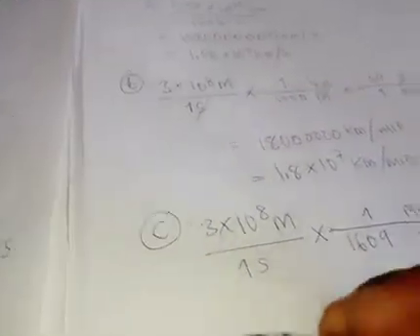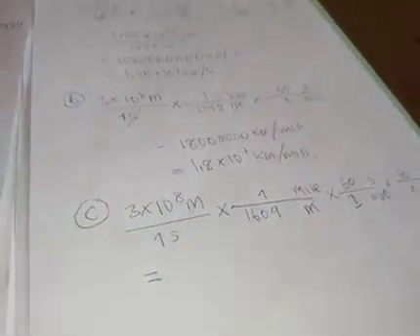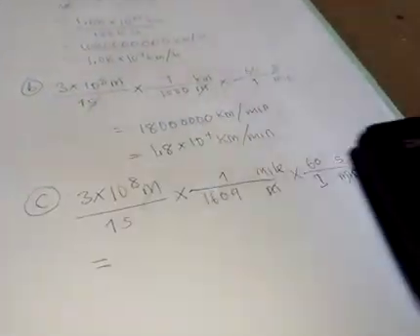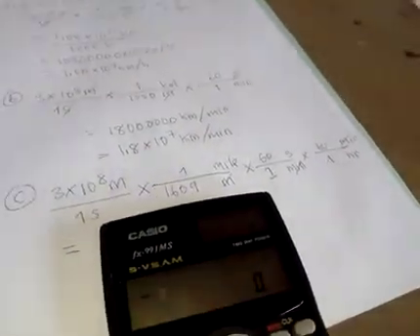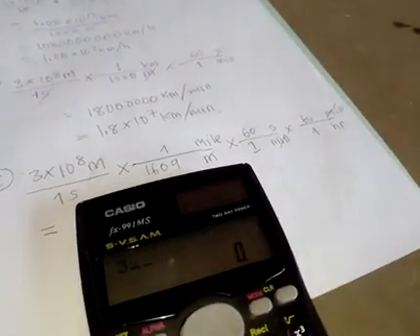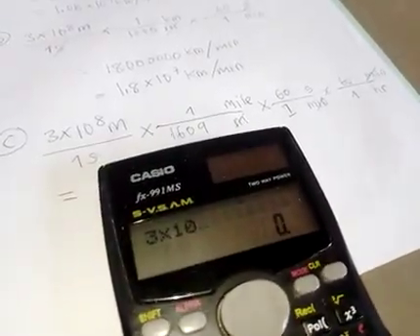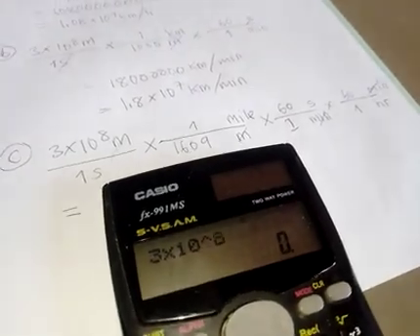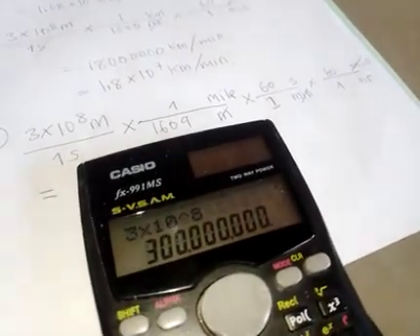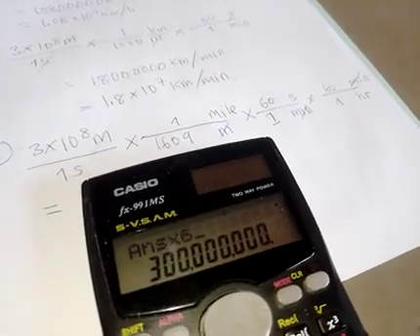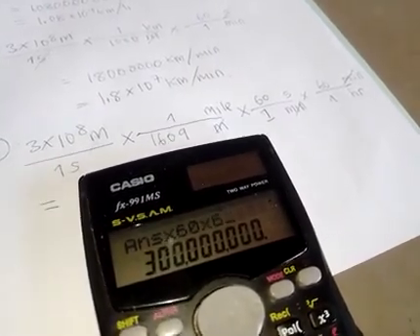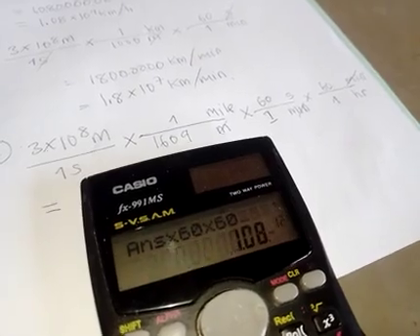So you simply multiply what's on top and multiply what's down there. Then you divide everything after that. Let's multiply what's on top. We have 3 times 10 to the power 8, multiplied by 60 multiplied by another 60.